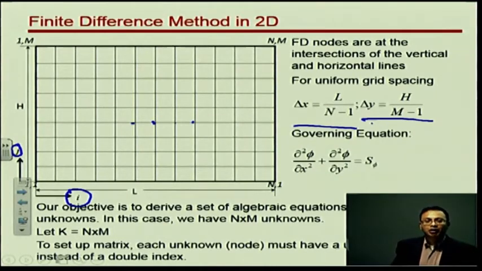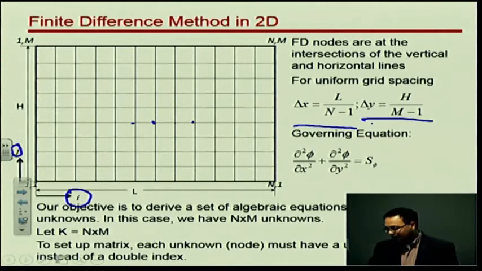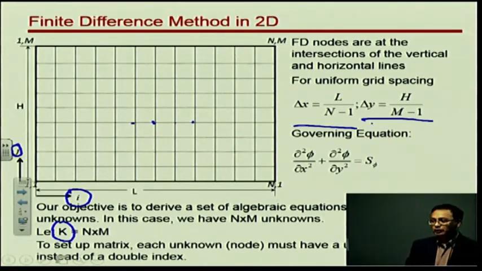That's totally wrong. If I have 10 nodes in the x direction and 20 in the y direction, your coefficient matrix will be 200 by 200, not 10 by 20. So that's our number of unknowns, which we are going to denote by a capital K from this point onwards, n times m.